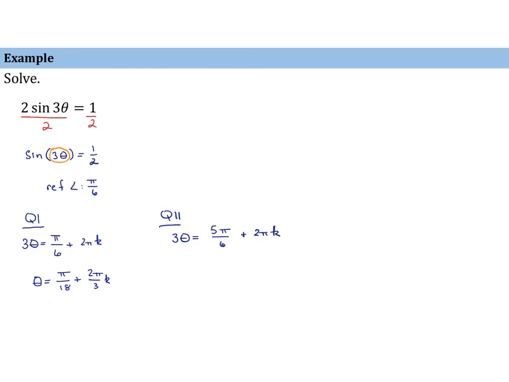And again, divide by 3. So we would have theta equals 5 pi over 18 plus 2 pi over 3 times k. And so there is your answer, where k is an integer.